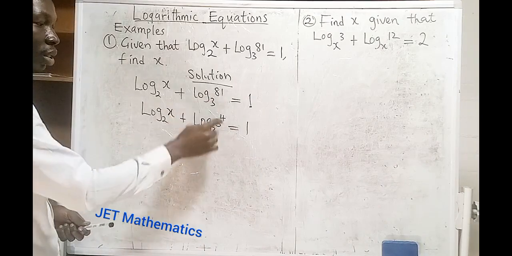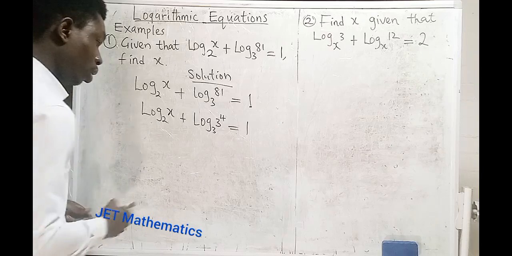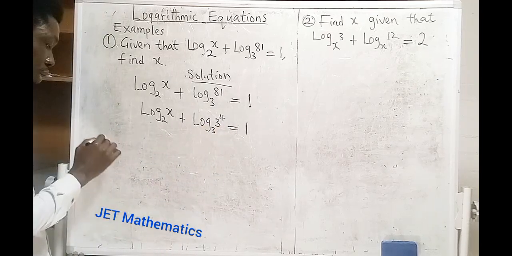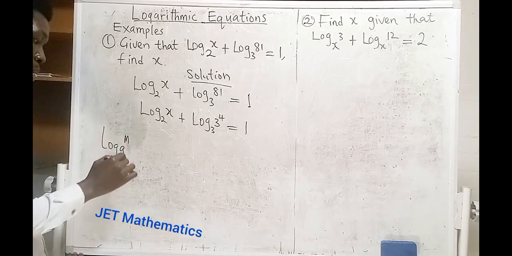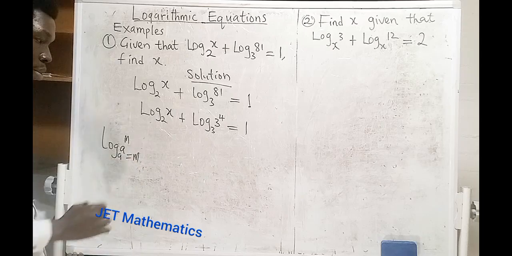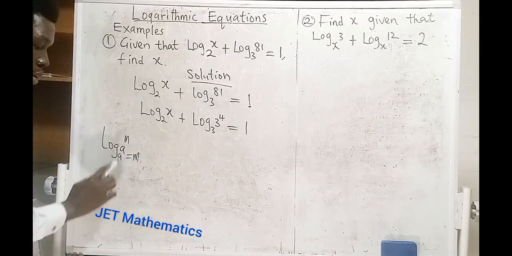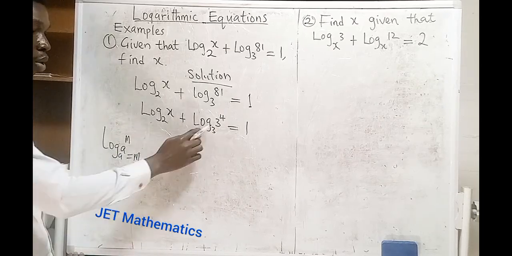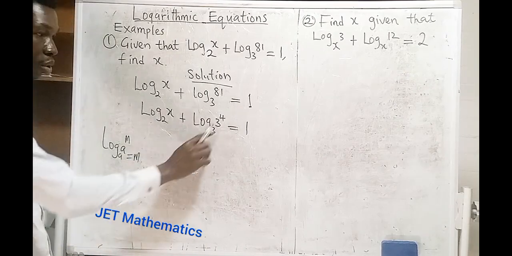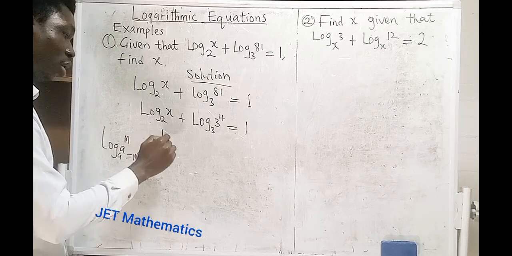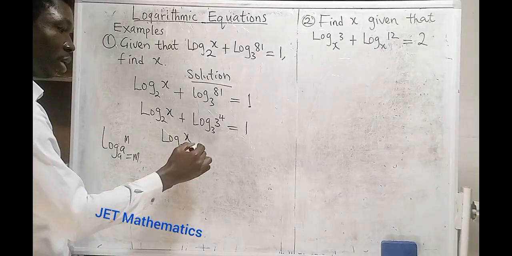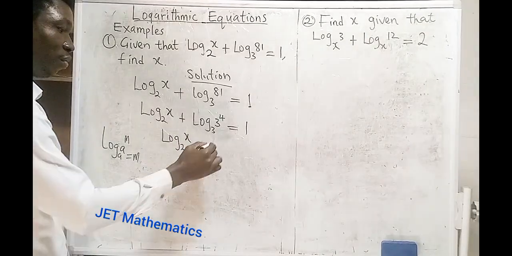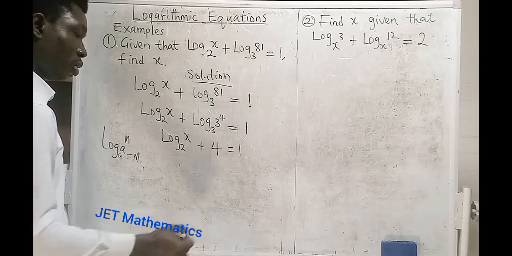Now recall our law that says log a^m to base a is equal to m. We are going to apply it here. Log 3^4 to base 3 will be equal to 4. So here we have log x to base 2 plus 4 is equal to 1.